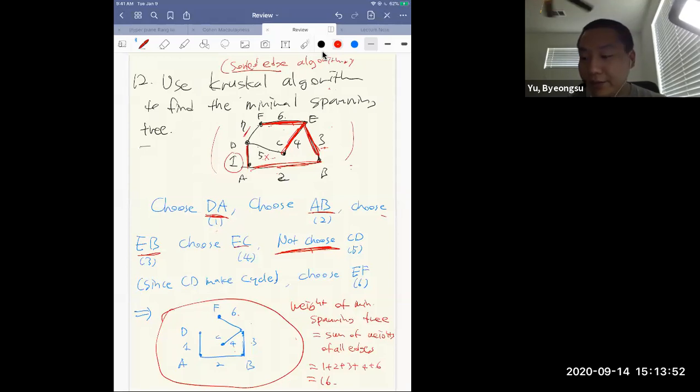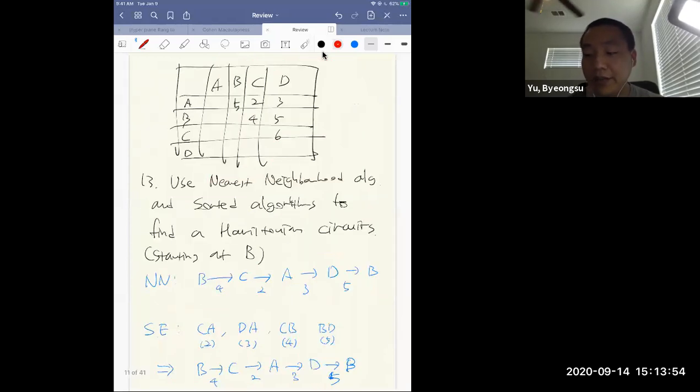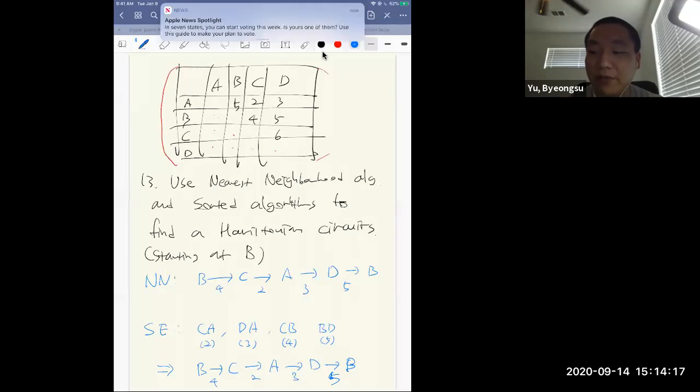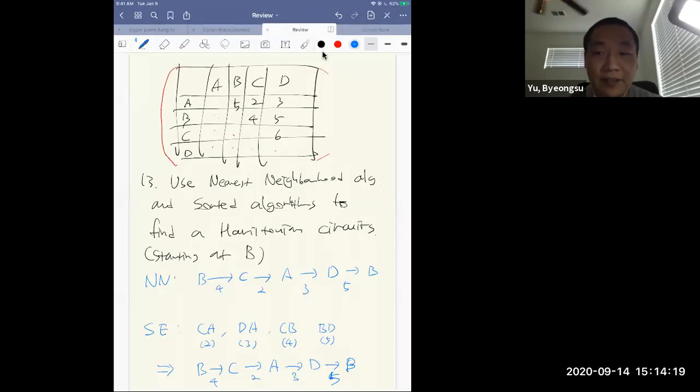Okay, great. So let's deal with the nearest neighbor algorithm. First of all, you can see that this table seems a little bit weird because I didn't fill out some of the numbers. But when you see such a table showing the distance between two cities or two places, it is always symmetric, which means that the distance from A to B is the same as the distance from B to A, right?